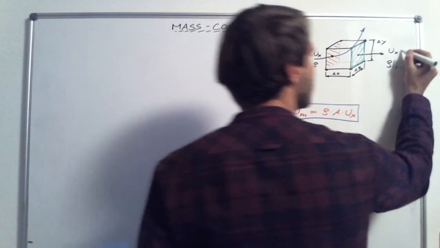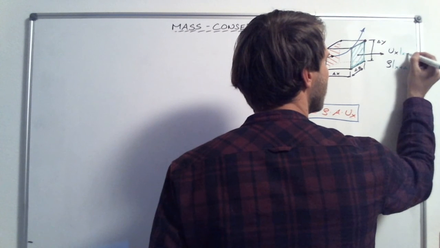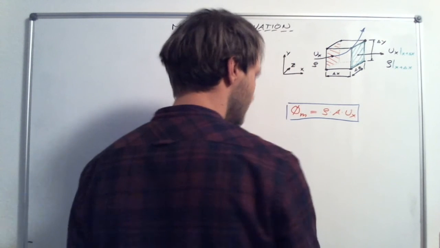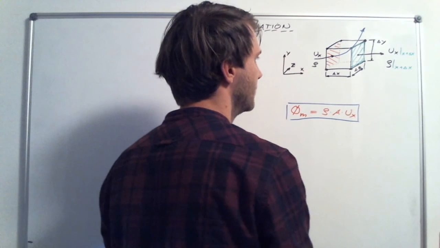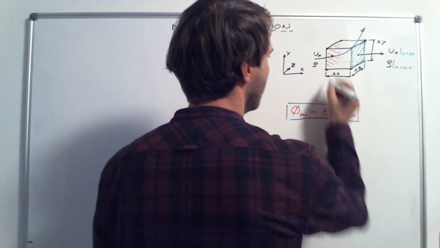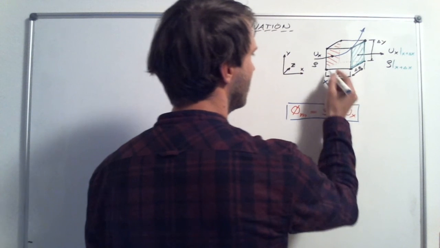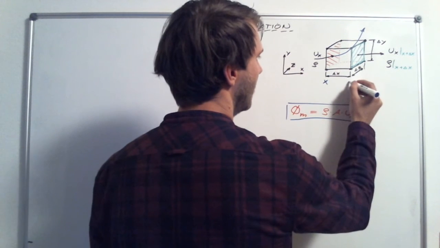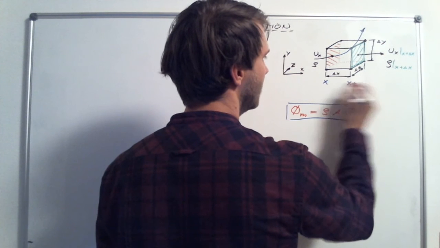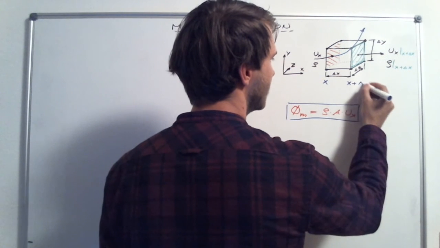I will demonstrate why this is x plus delta x, because we can introduce that this point here is x, and if this point is x, this point is simply x plus the distance delta x.